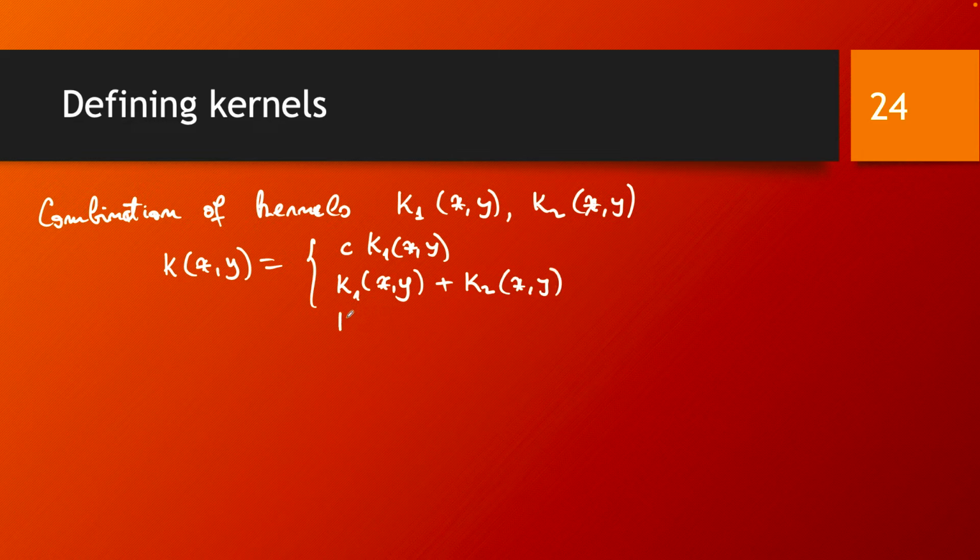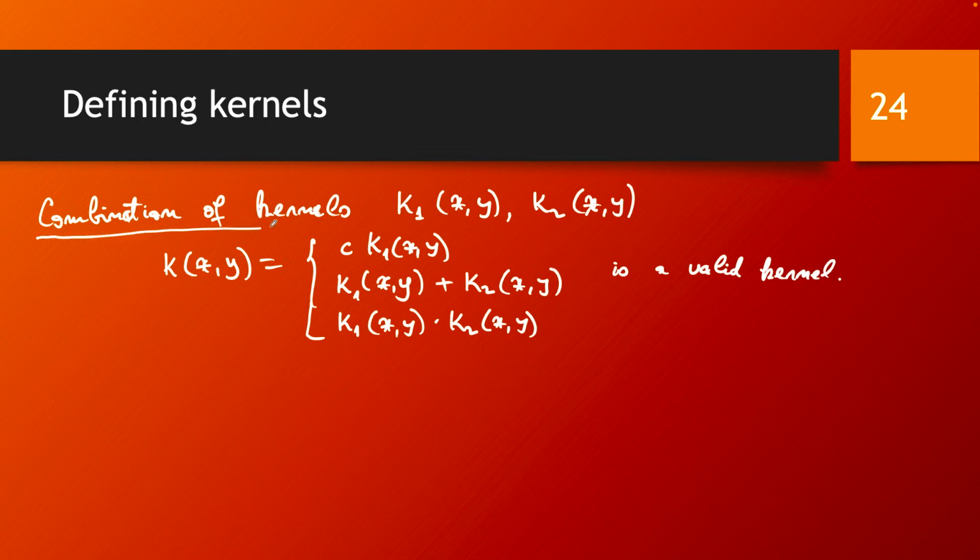And also you can do the product between the two kernels, and that's also going to give us a valid kernel. Or I should say all of these three are valid kernels.